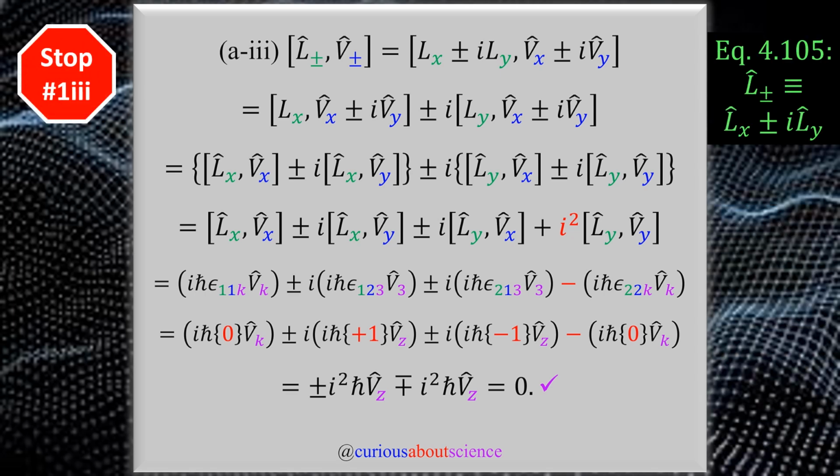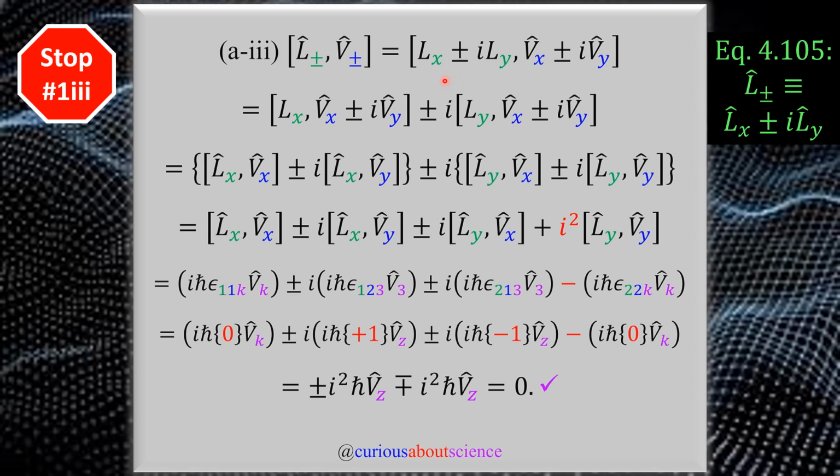Wonderful, wonderful. So number 3, instead of just having the vector operator identity, we go back to equation 4.105, which is the raising and lowering operator for angular momentum. And now we get a twofold approach to this distributivity law. So let's start with the left-hand side here after we sub in these definitions.